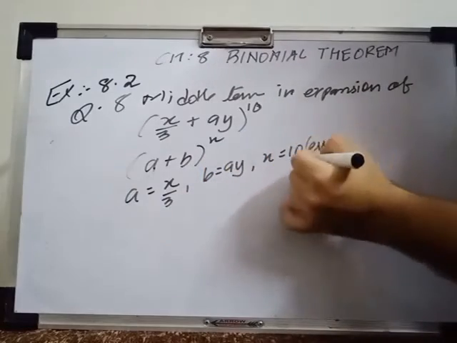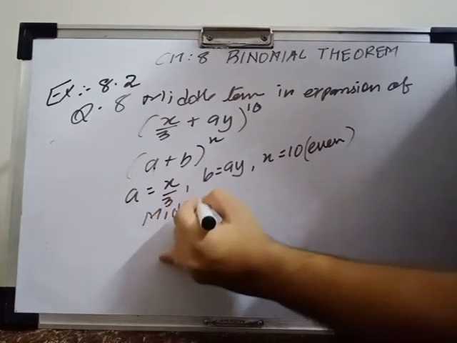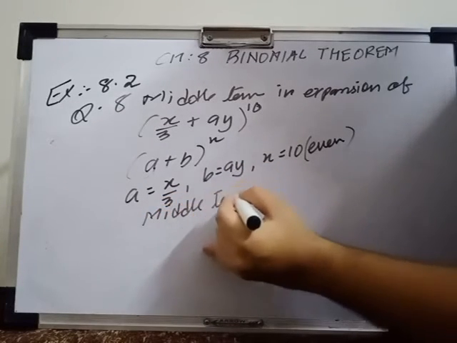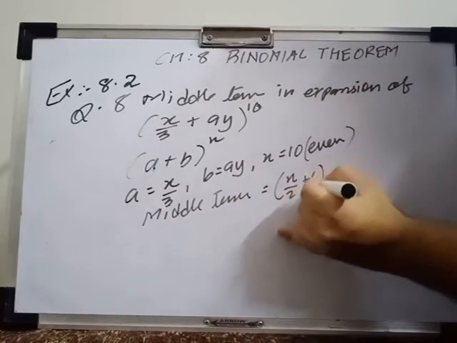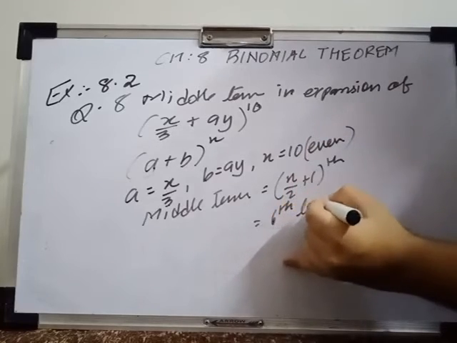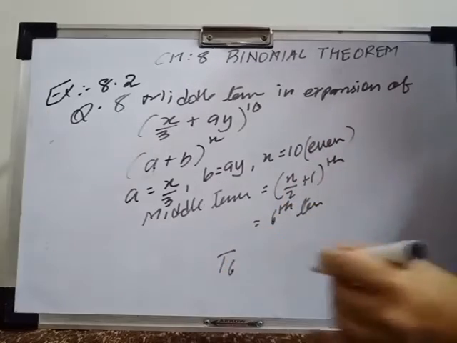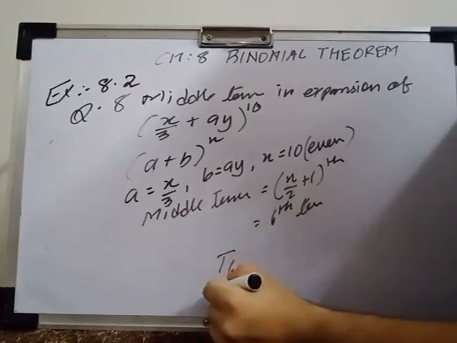Mind well, 10 is even. So my middle term formula will be the n by 2 plus 1th term. If I keep n as 10, I will get the 6th term. So if I'm interested in finding the 6th term, then I should take r as 5.